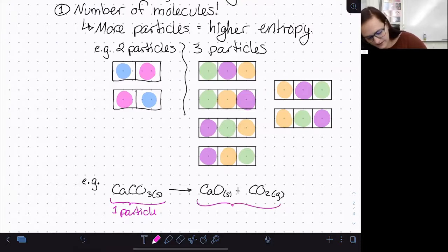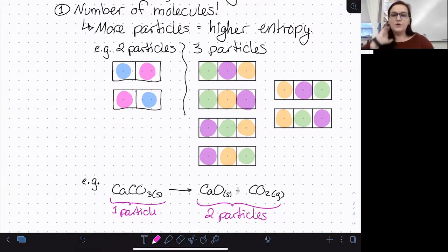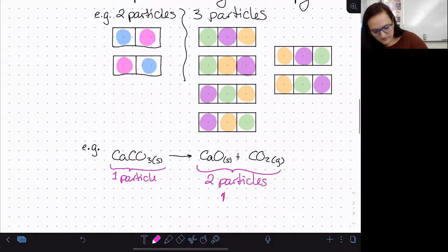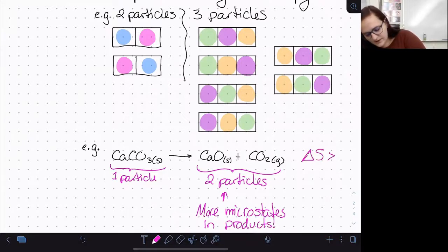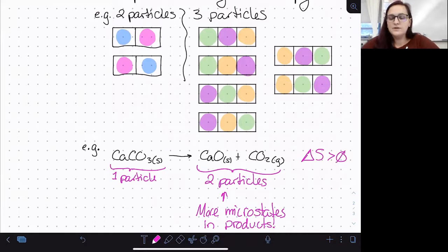But on the product side, we have 2. So going from 1 particle on the reactant side to 2 particles on the product side, we probably have more microstates in the products. So we can say that it is likely that the entropy change for this is positive, that the entropy is increasing as reactants are converted to products.